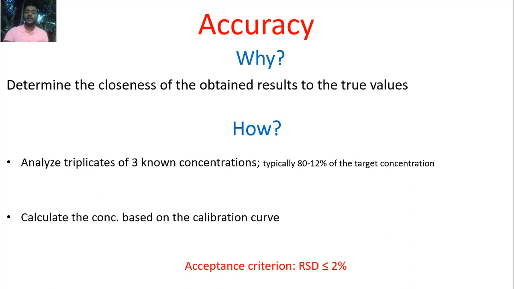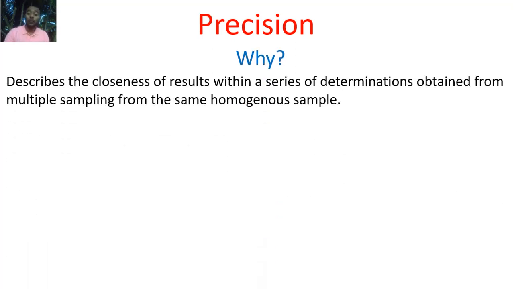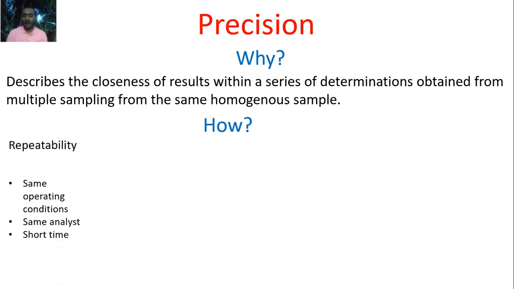The fourth parameter we should do is the precision. With precision, we need to know if the method can give us reproducible and repeatable results or not. How to do that? There are three levels of precision. The first one is repeatability.